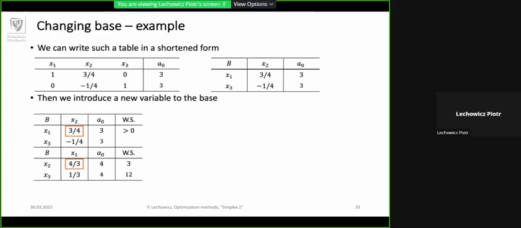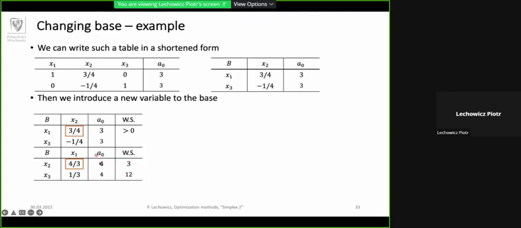So we can select such a column for which we have a row with a positive coefficient. So we have 2 rows with a positive coefficient. So we are calculating a simplex condition.